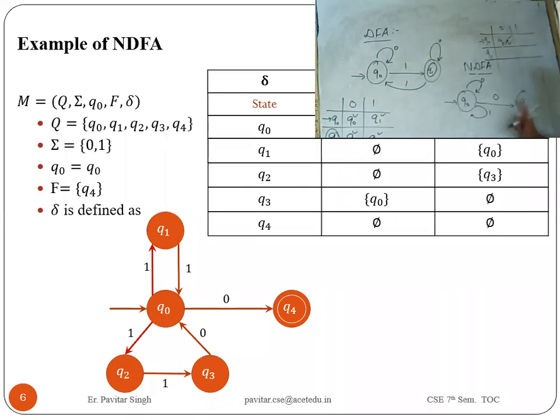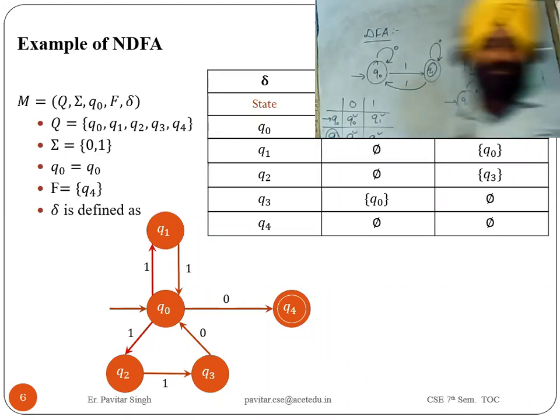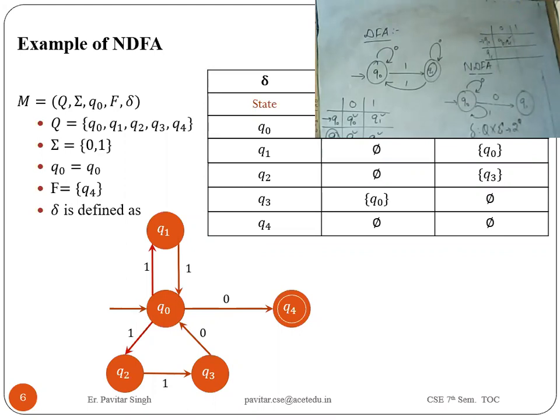That is why delta is Q cross sigma goes to 2 raised to power Q. More than one state output is there. That is the reason this is called NDFA, non-deterministic finite automata. I hope the concept is clear to everyone.